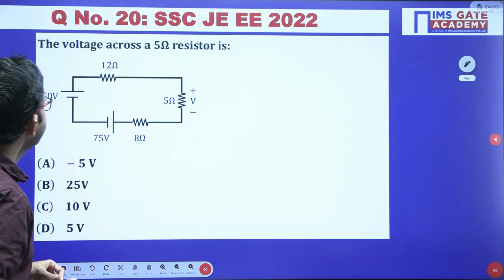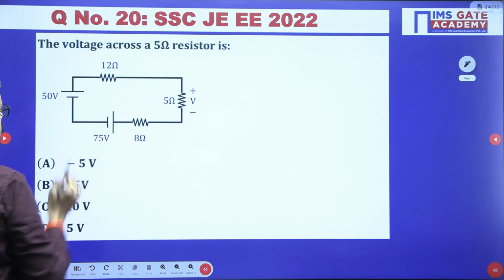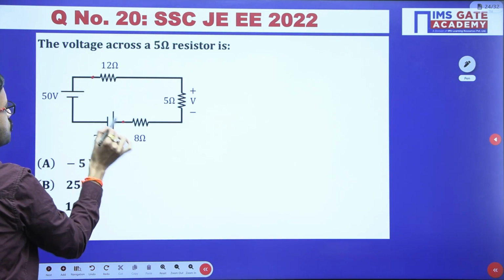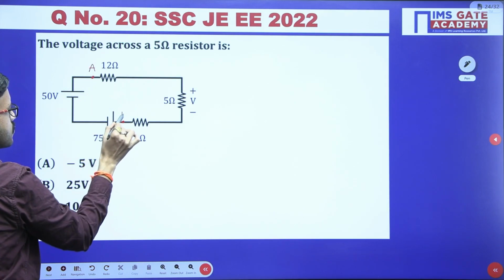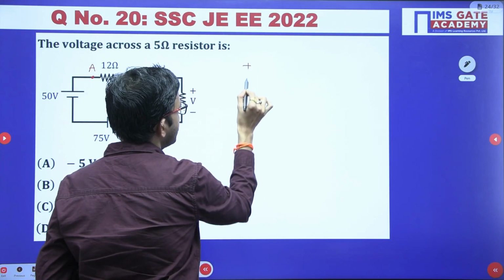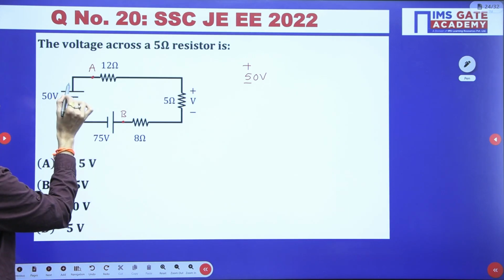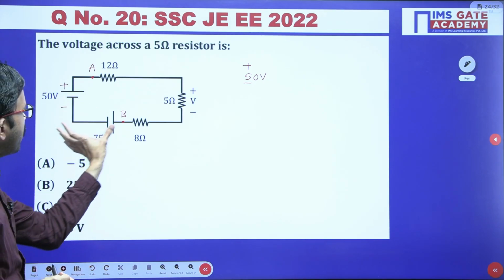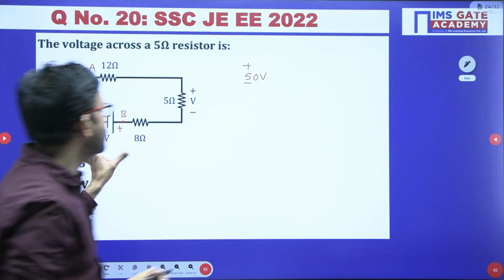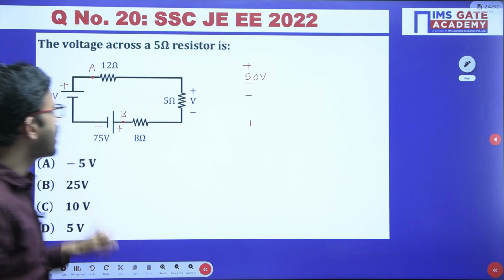Here if you observe this part of the circuit, I am considering two terminals, A and B. Between A and B, first I am calculating the voltage. Whatever the earlier convention I have mentioned, same. Here you are having plus minus 50, and whatever the voltage source here you are having, that voltage source I am keeping as a vertical element, then you are getting minus plus, then here you are having 75.